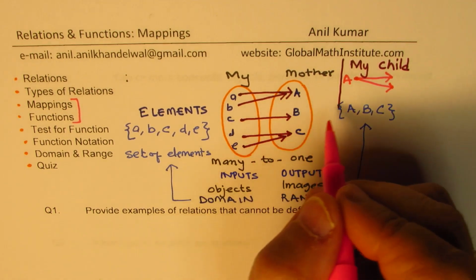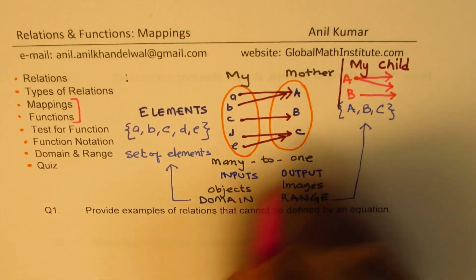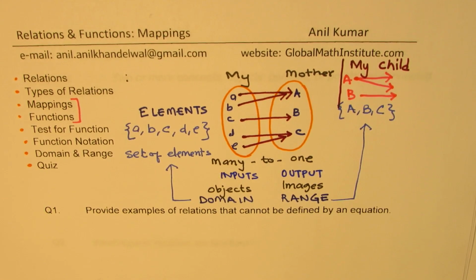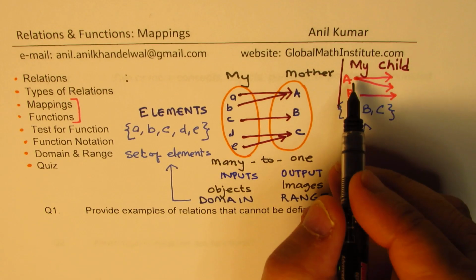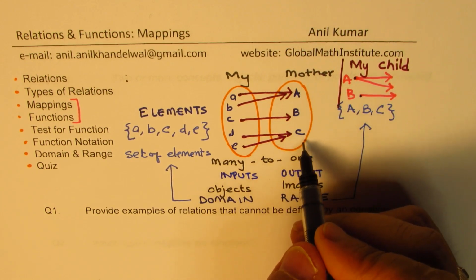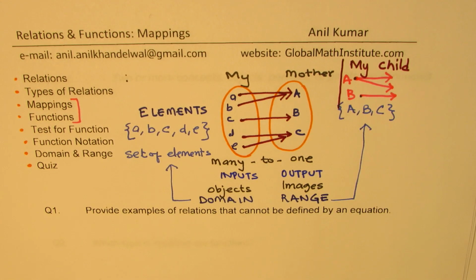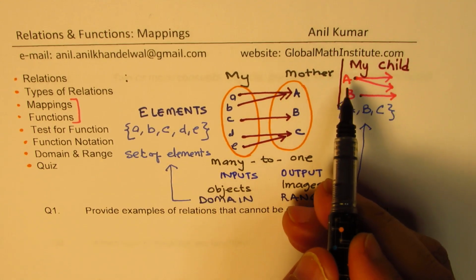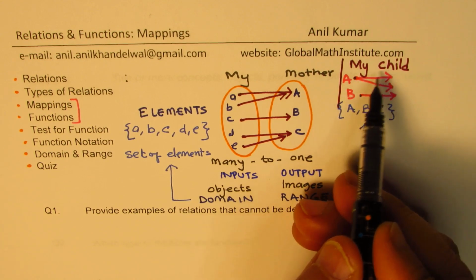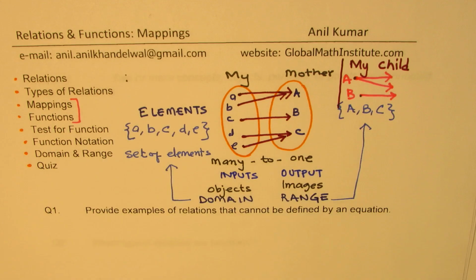So I'm just redrawing this, right? So in that case, this could be something like this, right? Clearly, what you see here is that in the domain now, those elements which refer to mother come into picture. And since A is related with more than one, it still remains a relation, but it is not a function.